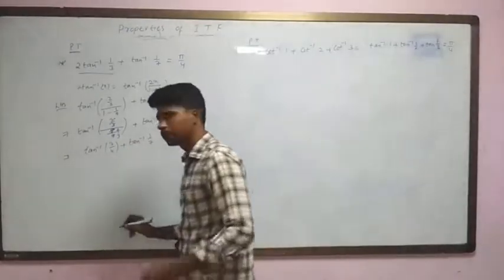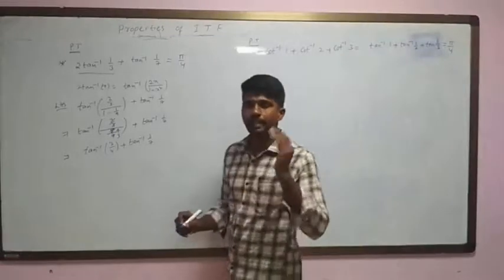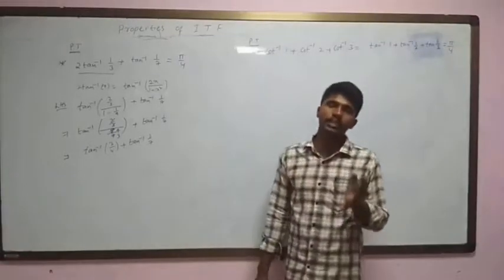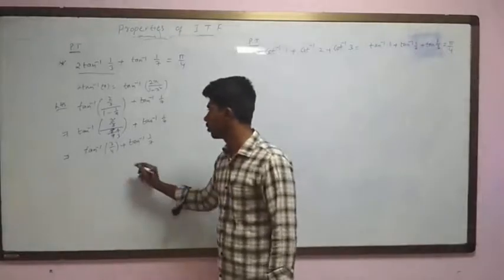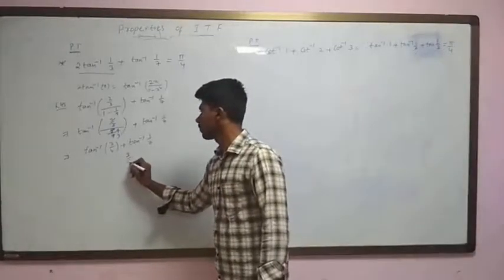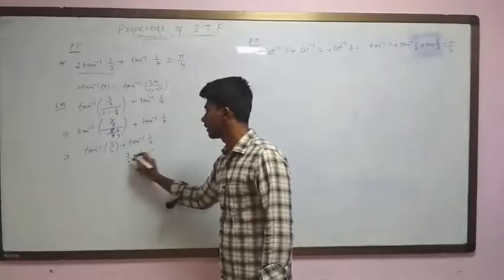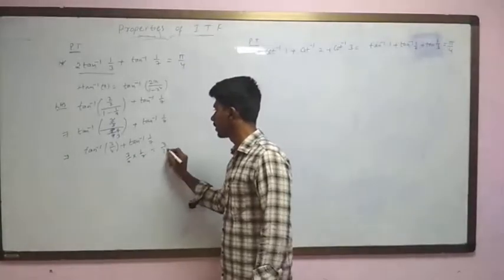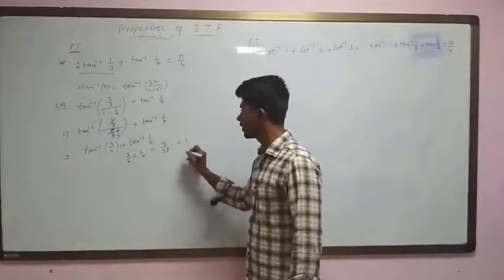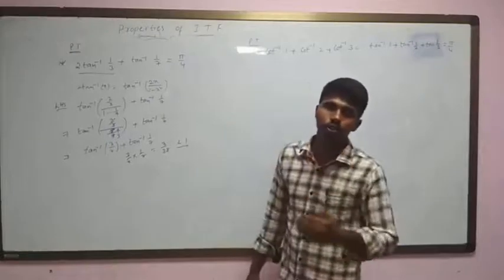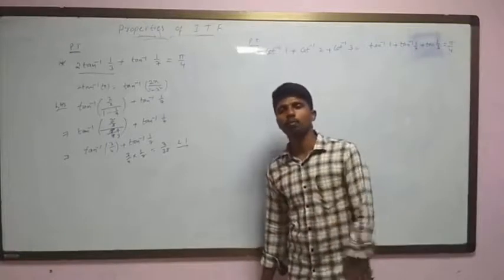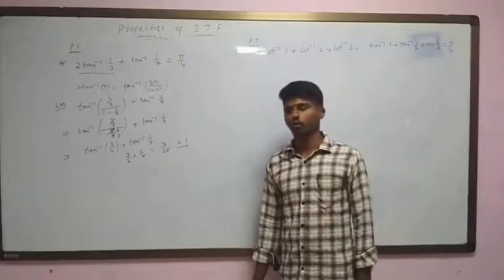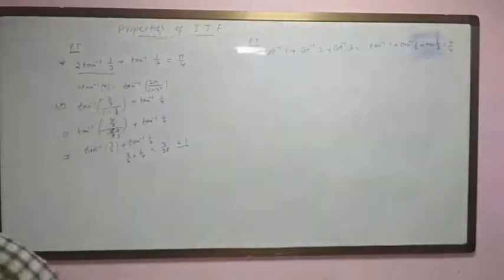I have to check x into y, whether xy is less than 1 or xy is greater than 1. xy is 3 by 4 into 1 by 7, which is 3 by 28, which is less than 1. So I have to apply the first one, which is nothing but tan inverse of x plus y by 1 minus x into y. So apply the formula.